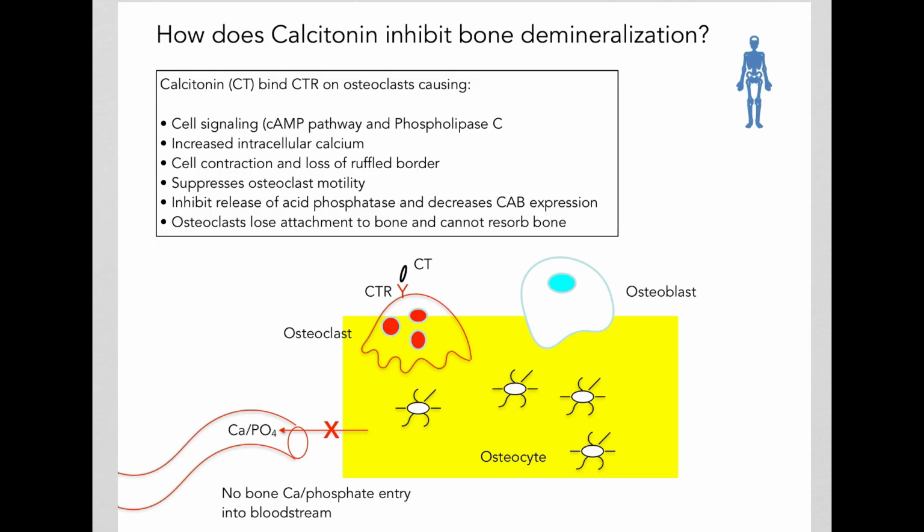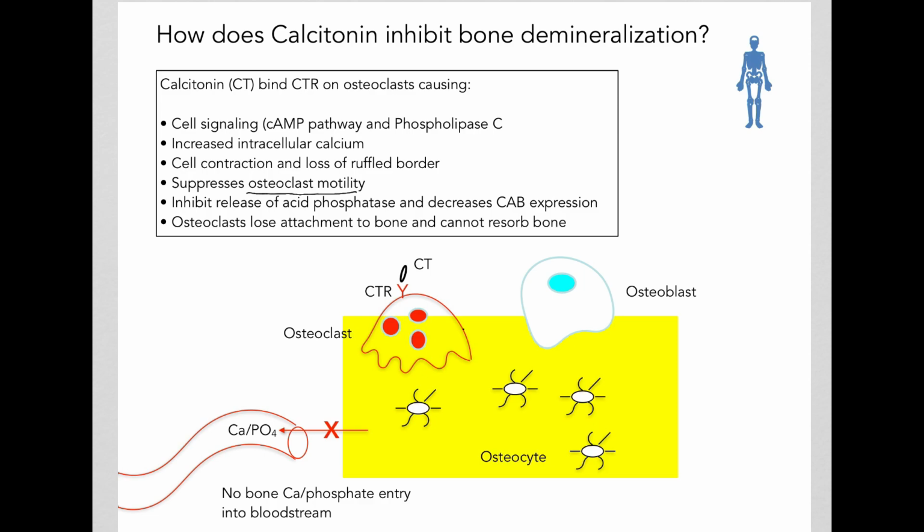This signaling will cause the osteoclast to contract. The cell contracts and it loses its ruffled border. So it loses this high surface area that is necessary for the osteoclast to degrade the bone. This signaling also suppresses osteoclast motility, so the osteoclast cannot move around in the bone to destroy it.